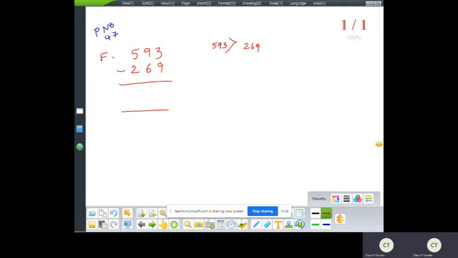Now write the place values for the digits: 1, 10, 100.